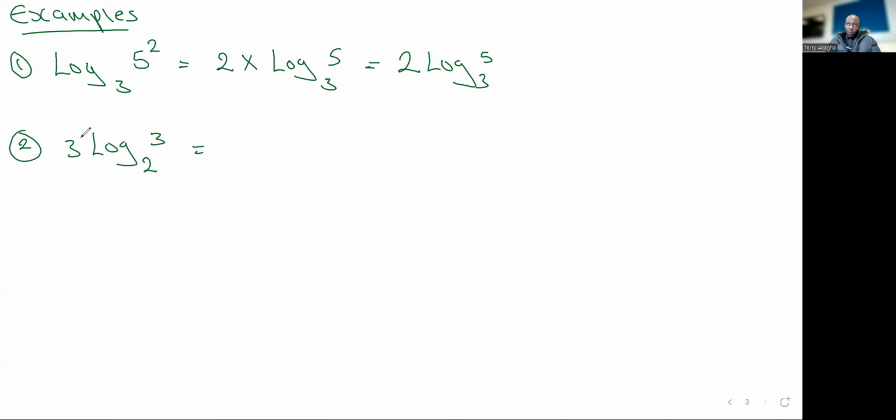The same thing, we can bring this 3 back here, or let me use another number here so that it will be easy to understand, all right? So let's say 4 here, okay?